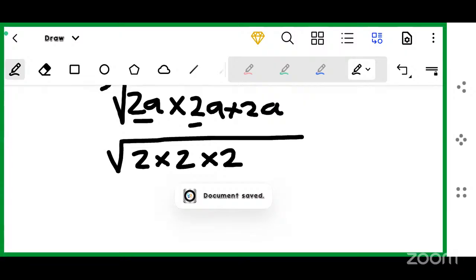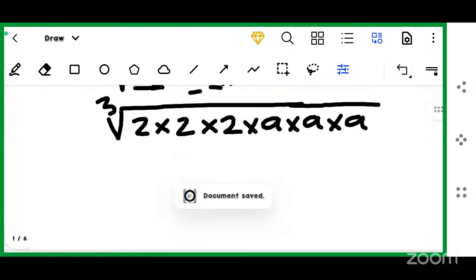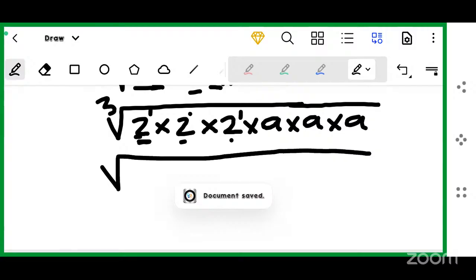And then you're still multiplying the A's: multiply by A, multiply by A, and multiply by the final A. And then we have that. I forgot to write the cube here. So as we carry on, 2 times 2 times 2 has the same base, so we are adding the exponents. And also when it comes to A, same bases, we add the exponents.